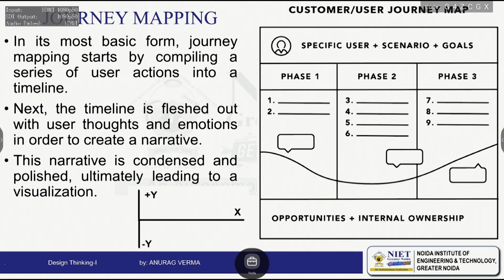Now, this is one of the templates of journey mapping, where we are trying to map the experience of the user with the product. In the most basic form, journey mapping starts by compiling a series of user actions into a timeline, and then we fill the timeline with the user's thoughts, behavior and emotions to create a narrative or a story.